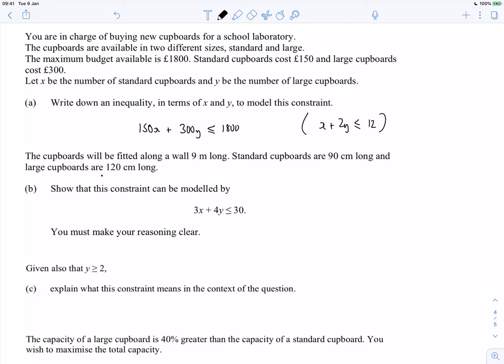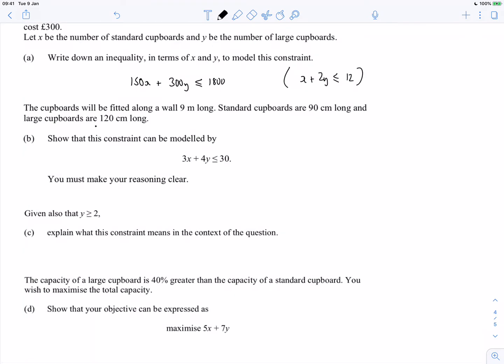Okay, the cupboards will be fitted along a wall 9 meters long, and the standard cupboards are 90 centimeters long, and the large cupboards are 120. Show this constraint can be modelled by that. Okay, so 9 meters long is 900 centimeters.